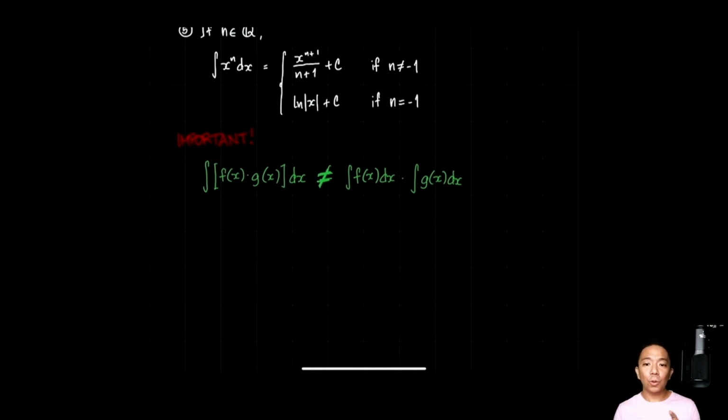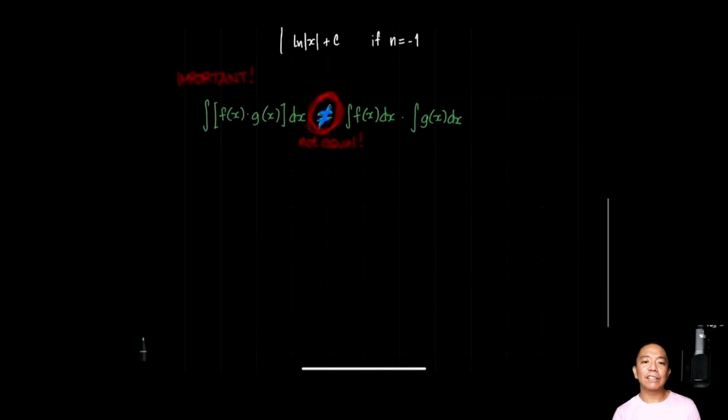So, no. Again, hindi natin pwedeng kunin yung general antiderivative ng product by taking the individual antiderivatives of the factors at imumultiply natin. Mali yun. Mali.